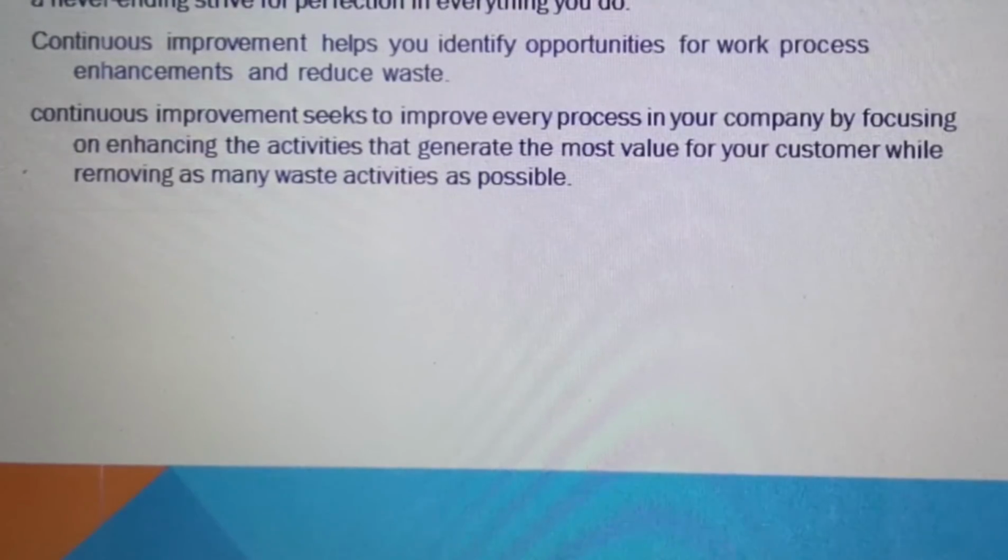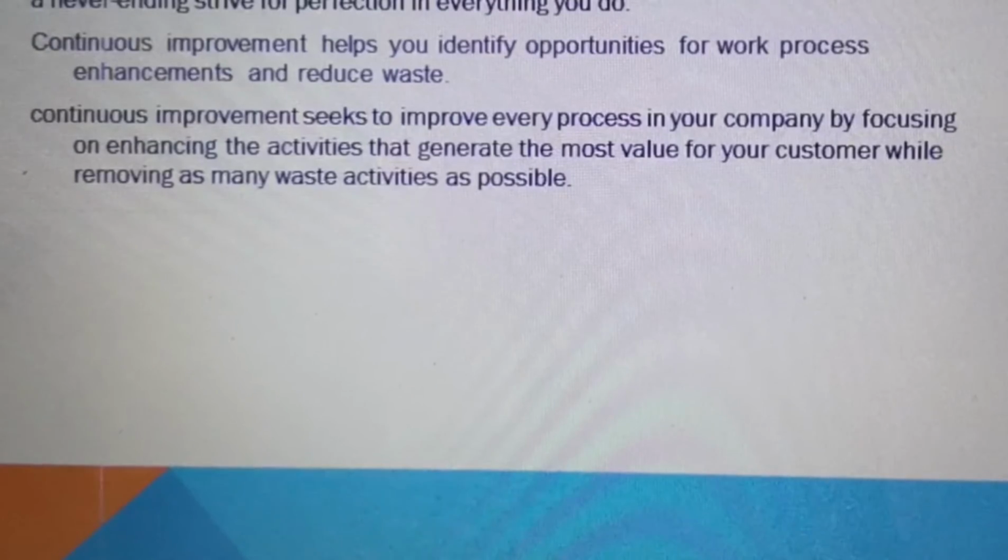So, ang pinaka-core when we talk about continuous improvement is you are to work on the processes for improvement and removing or reducing many waste activities.